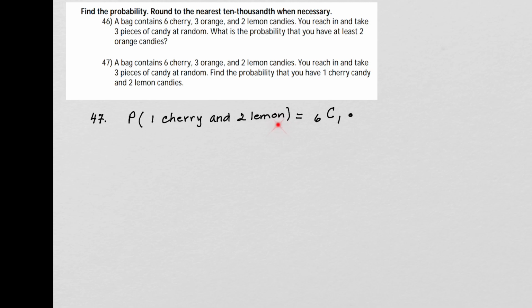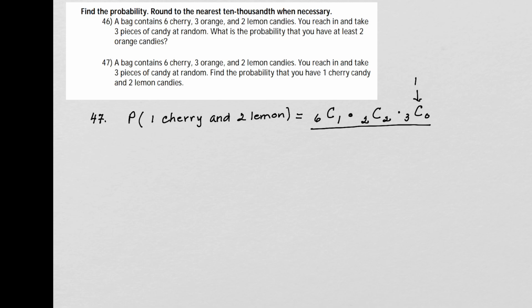How many lemon candies are there? 2 lemon candies. So we have to get both lemon candies, so 2 lemon candies and we're selecting 2 of those. And technically we can say how many orange there are: there are 3 orange, and we're selecting none of those. But since this is going to turn out to be 1, if you skip it, that's perfectly fine.